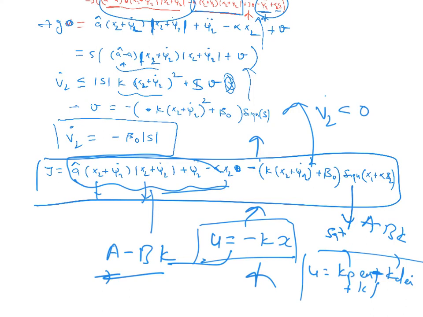If you see, x1 is defined here, right? x1 is psi minus psi reference. Your S function is giving you psi and psi dot, but you have to convert it to x1 and x2.